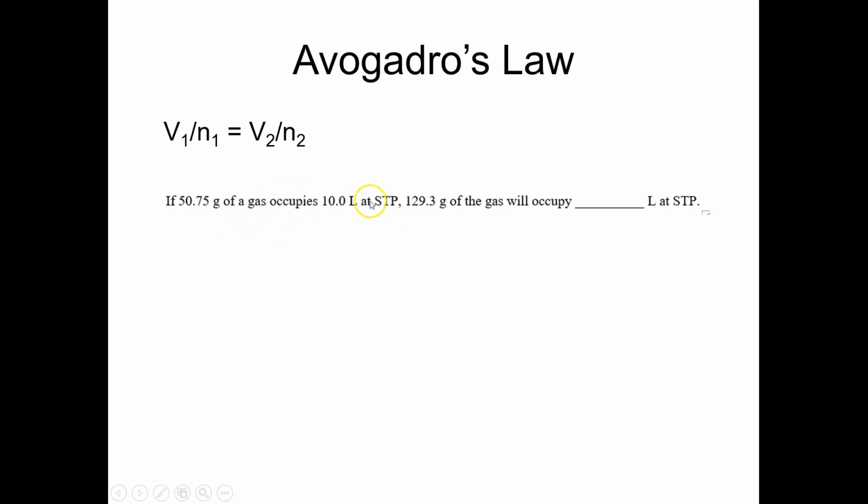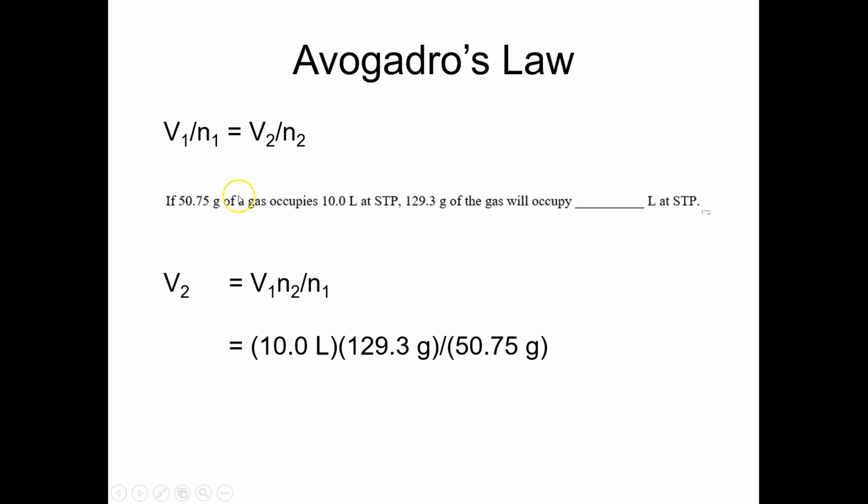And so in this case, grams of substance A divided by grams of substance A is equal to moles of substance A divided by moles of substance A. I've solved this equation now for V2, which is what it's asking me for, which is equal to V1 times N2 over N1.